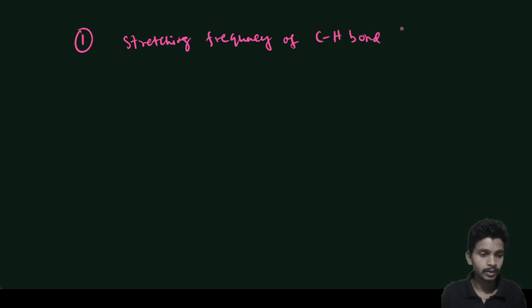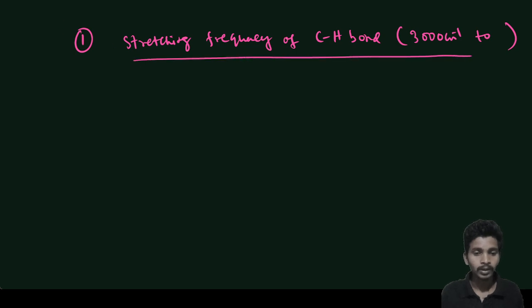So this value is nearly 3000 centimeter inverse, 3000 centimeter inverse to some values. Okay, this will come. Okay, so now we will first discuss where the CH bonds are available. Okay, so CH bonds we can get.